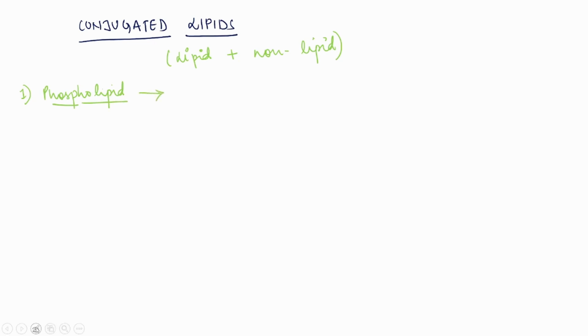If we talk about phospholipid, what is important here is the combination of phosphate. Phospholipids are composed of a molecule of glycerol or alcohol having a phosphate group joined to one OH group.